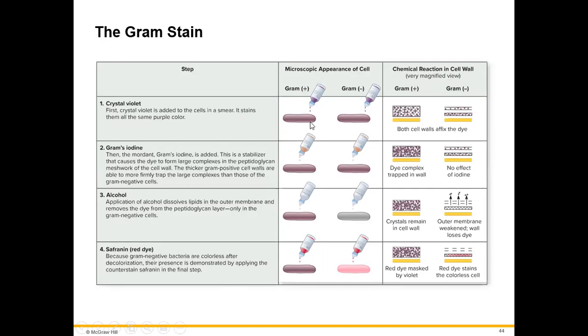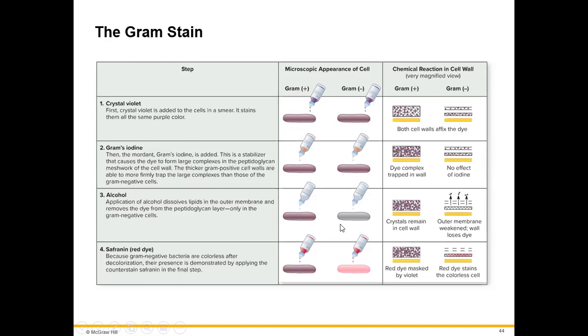First you would stain with the crystal violet, which stains purple. You then use iodine, which acts as a mordant. This causes the dye to fix in place if it's gram-positive.